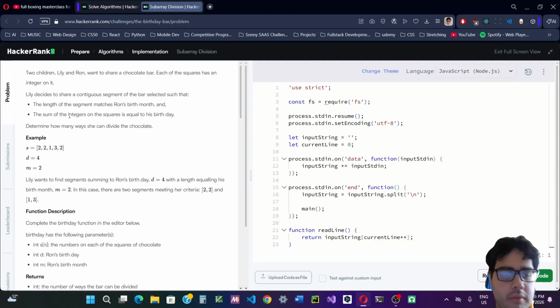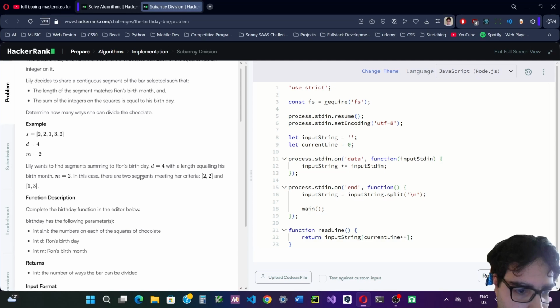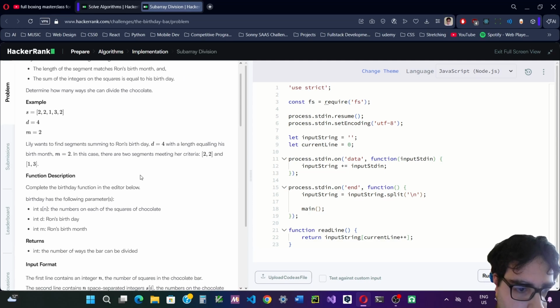Lily wants to find segments summing to Ron's birthday. d equals 4 and his birth month m equals 2. In this case, there are two segments meeting her criteria: 2, 2 and 1, 3. Complete the birthday function in the editor below.